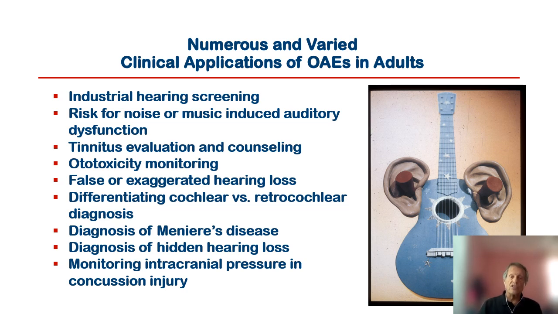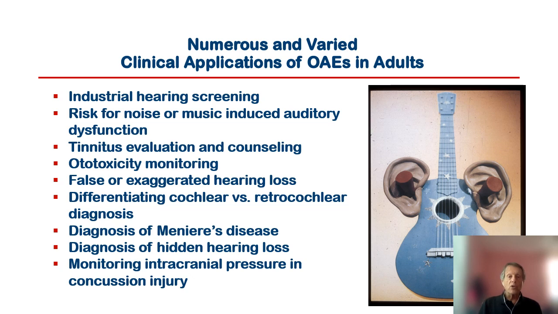Of course, ototoxicity monitoring in adults is another application. We just talked about false and exaggerated hearing loss. We've also talked about using OAEs to differentiate cochlear from retrocochlear hearing loss. There are distinct patterns of OAEs in Meniere's disease. Some patients with Meniere's disease have abnormal, absent OAEs. Others have actually bigger than normal OAEs.